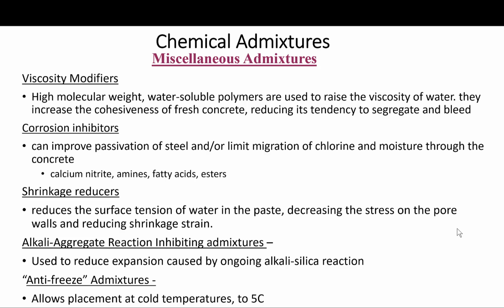We have shrinkage reducers, or shrinkage reducing admixtures. These reduce the surface tension of water in the paste, basically decreasing the stress on the pore walls and by that reducing shrinkage strain. Never use them. And again, if you remember when I talked about the hydration and the development of the microstructure, we said we need to understand what happens and how the concrete properties are impacted by the microstructure and what we can do to improve it.